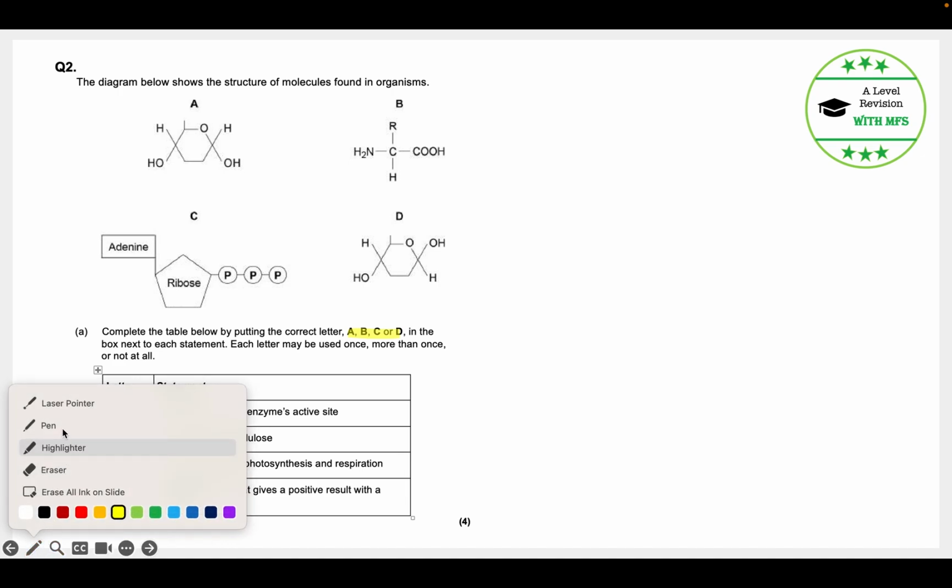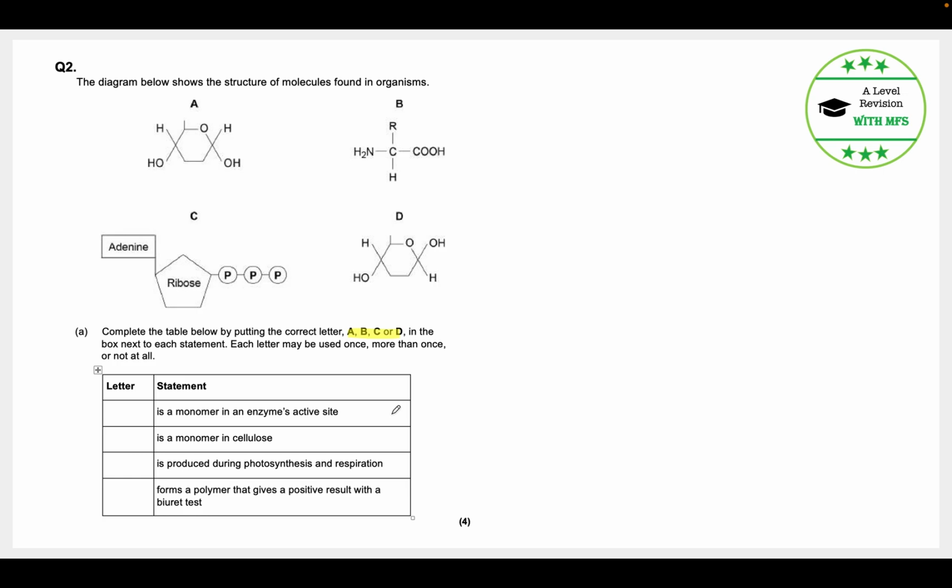So just by looking at that, you know that this has to be a protein, and all proteins have the amino group and carboxyl group. In these options we can see the amino group there and the carboxyl group there, so we know that the first one must be B.